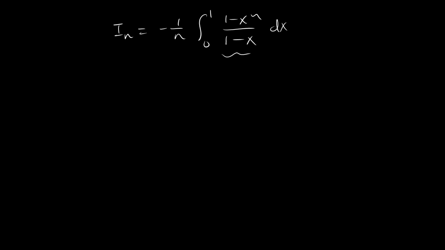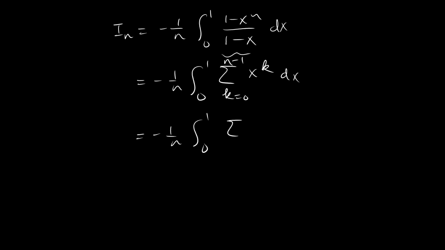And we found that this part here is the same as the summation from k equals 0 to n minus 1 of x to the k. We can play around by saying that this is also the same as the summation from k equals 1 to n of x to the power k minus 1.